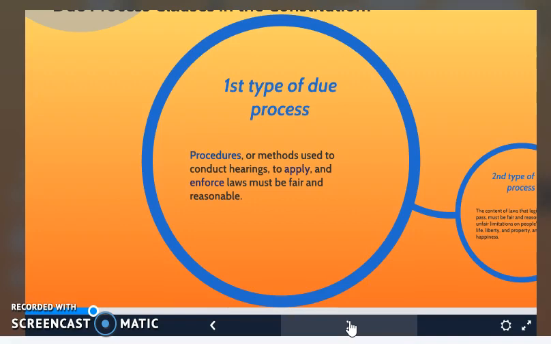Everybody needs to be treated fairly, and they need to have the same process. Today we're going to be learning about the criminal case procedures, and that's part of due process, that everybody has to have the same process for that to be fair. So the procedures or methods used need to be fair.